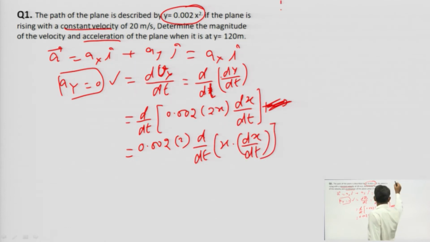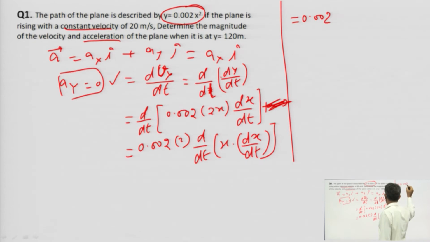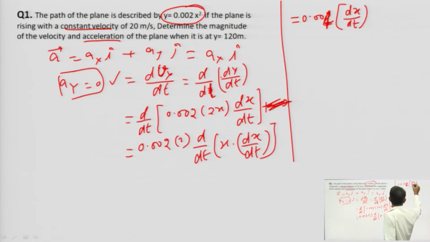Now again differentiate this, what we will get: 0.002 is better to write as 0.004 into dx by dt into dx by dt, plus x into d2x by dt2.